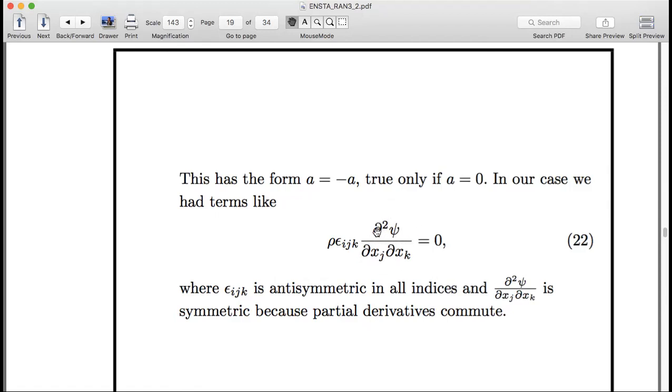In other words, d2 psi dx dy gives you the same result as d2 psi dy dx. The order of these derivatives doesn't change the result here. So I get both those terms, but I get -1 times it plus 1 times that. So they cancel, and this thing equals 0.